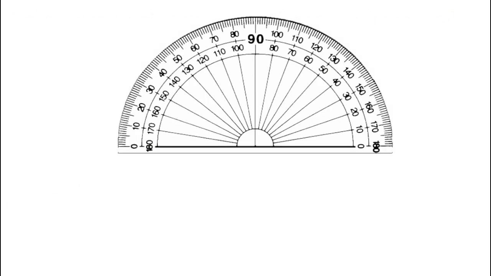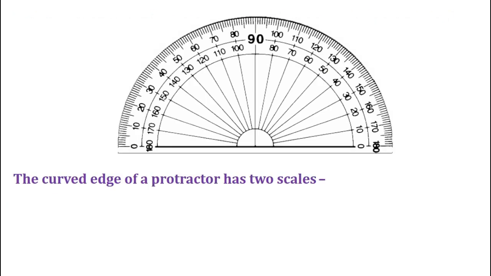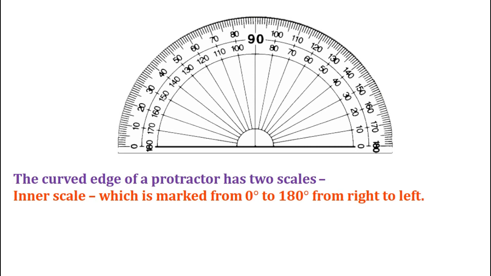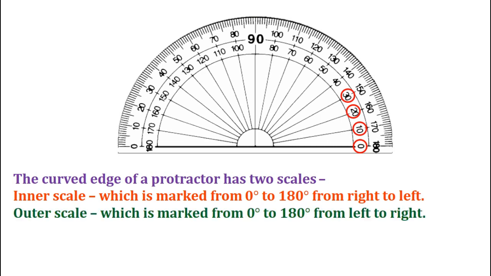The protractor above clearly shows that the curved edge of the protractor has two scales. Firstly, the inner scale, which is marked from 0 degree to 180 degree from right to left, and the second scale, which is known as the outer scale, is marked from 0 degree to 180 degree from left to right.